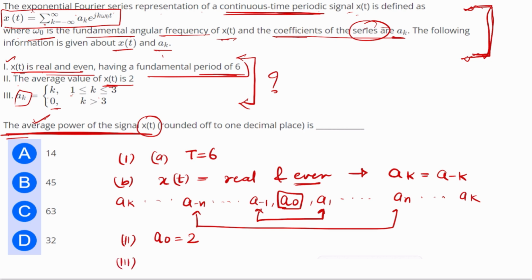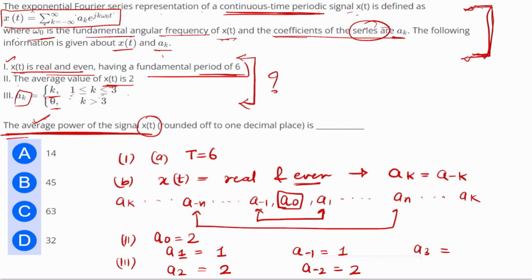Third, the ak coefficients are defined here. So ak value is k for this range of k. So I can write that a of 1 will be equal to 1. Since they are real and even, a of minus 1 will also be equal to 1. a of 2 will be equal to 2, a of minus 2 will also be equal to 2.